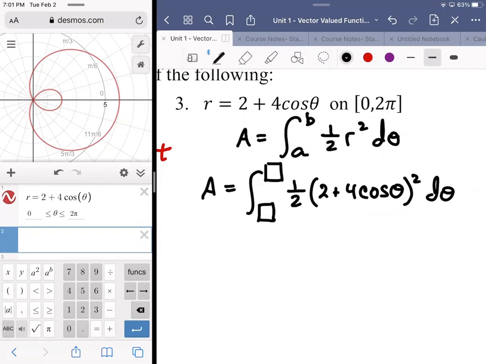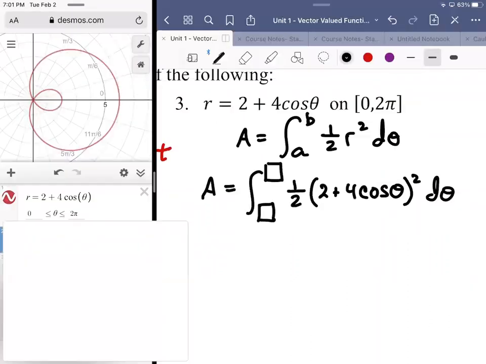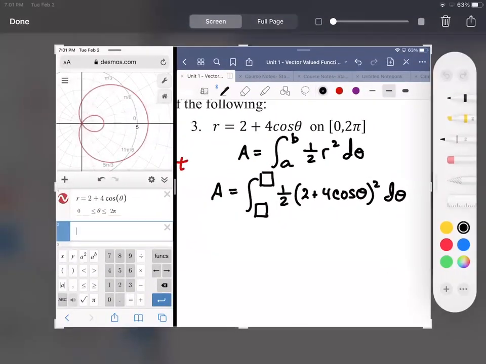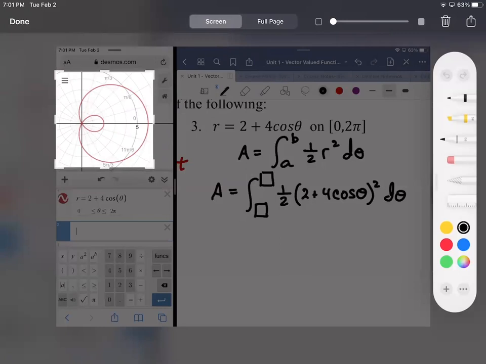But the issue that we're going to run into is a lot of issues, not the least of which is actually integrating this thing. If I want to go from 0 to 2 pi, what's going to happen? Let me just get this diagram in here, because hand waving isn't going to get the job done.